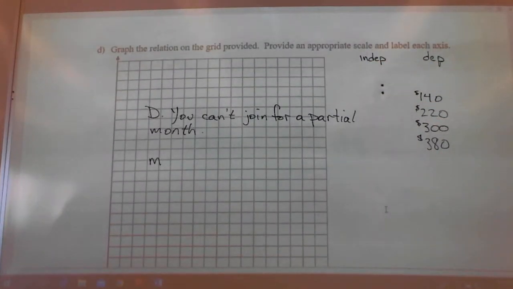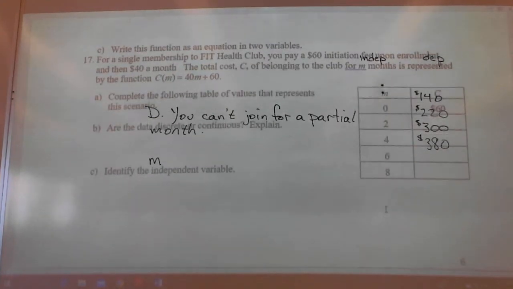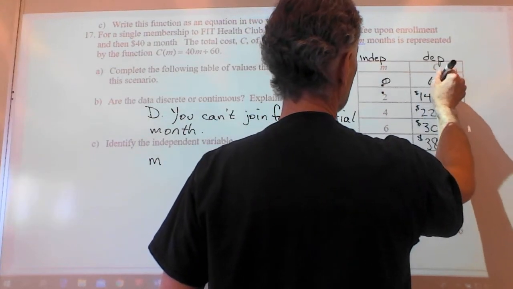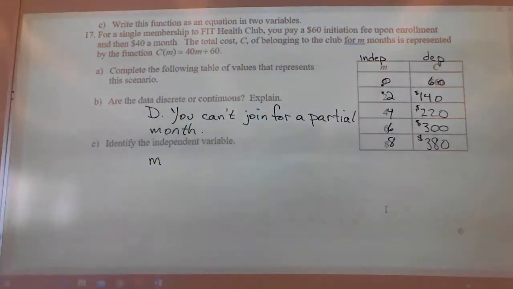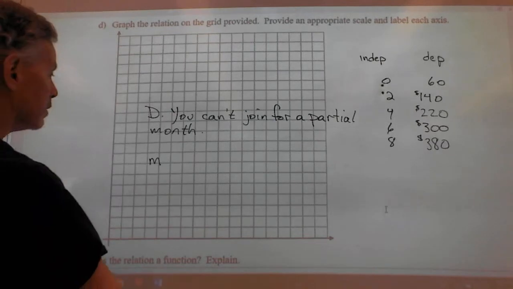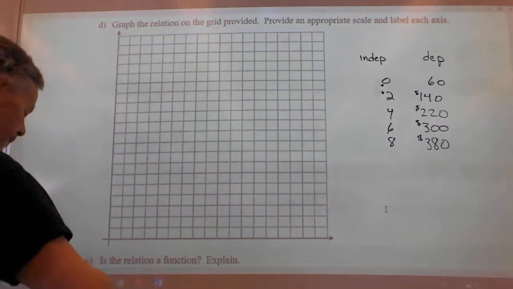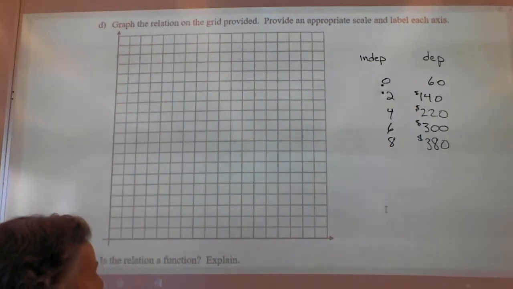Graph the relation on the grid provided. Just give me a second here and let me copy this stuff down. So we had 0 and 60, and then 2, 4, 6, 8. So we've already said our independent variable is time.